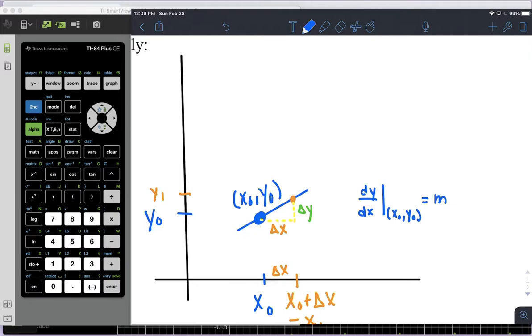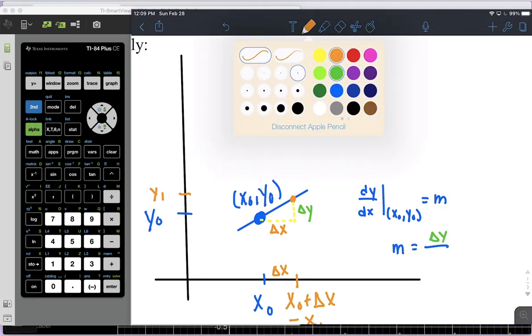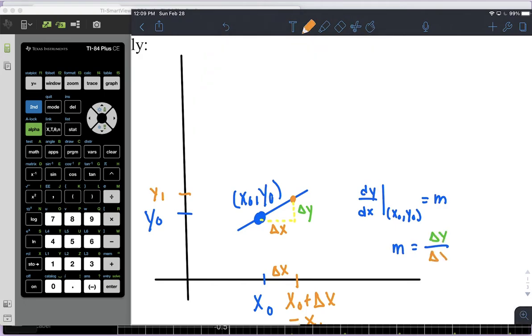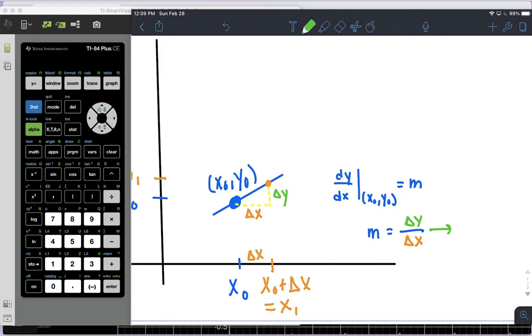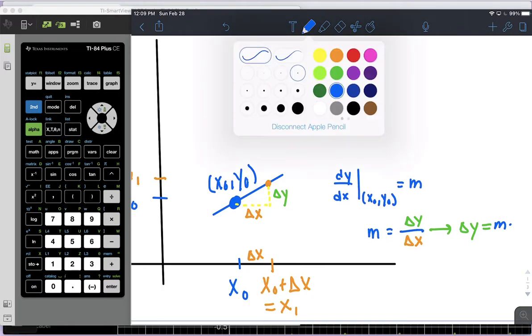So I know that if that's the slope, we know from algebra 1 that the slope of a line is really equal to the change in y over the change in x. Because now we're just looking at this in terms of a linear equation because we're only drawing a tangent line. So if I solve this equation to find my delta y, this tells me that my delta y is equal to my slope, which is my derivative value, times my delta x.